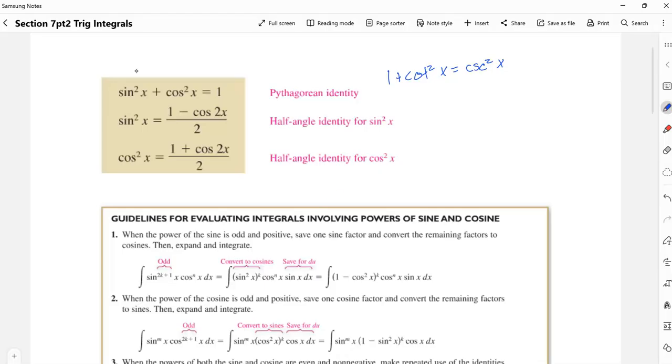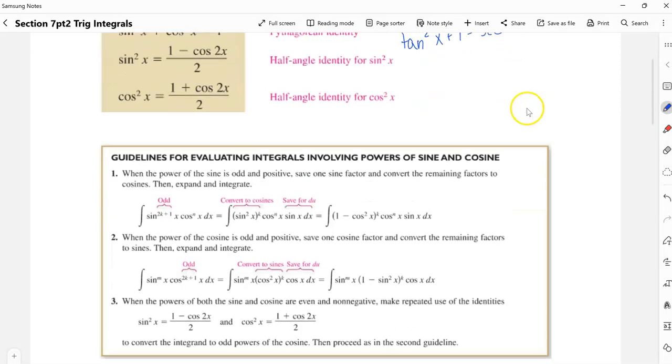Or if we divide this by cosine squared, sine squared over cosine squared is tangent squared, plus 1 is equal to 1 over cosine squared, which is secant squared. So in some of these problems, we may have to make a substitution for a sine squared, rewriting this as 1 minus cosine squared, or maybe even a substitution for one of these other trig functions.